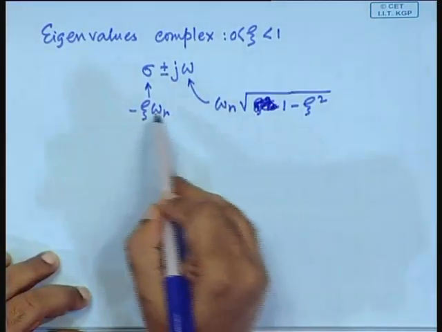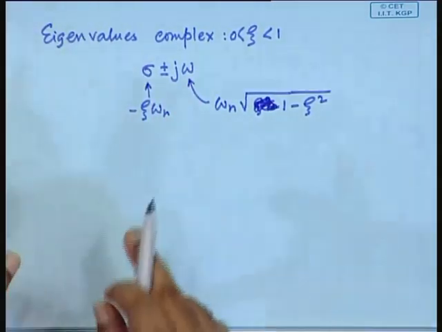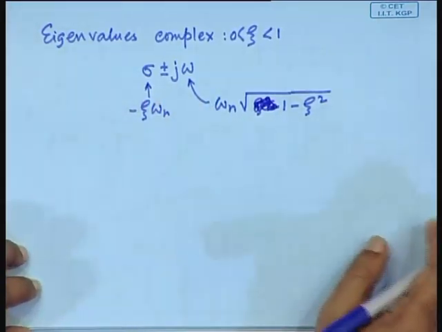So, these two are the zeta and the sigma and omega.